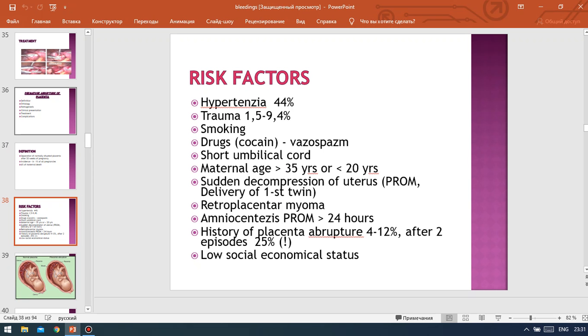The first risk factor is hypertension, at 44%, then trauma, 2 to 10% of cases, smoking because it damages vessels, drugs like cocaine that cause vasospasm, short umbilical cord, maternal age more than 35 years or less than 20 years, sudden decompression of the uterus, such as delivery of the first twin, retroplacental myoma, amniocentesis, membrane rupture more than 24 hours, premature delivery, history of placental abruption 4 to 12%, after 2 episodes 25%, and low socioeconomic status.